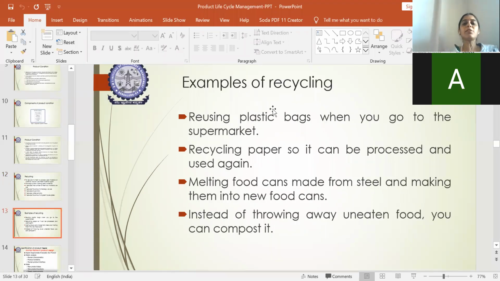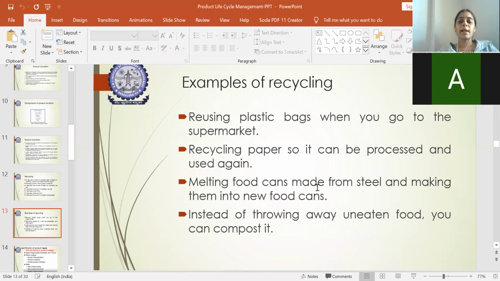So examples of recycling, you know already, if you recycle the paper, it helps in cutting down the trees, right? If you recycle the plastic bags, it helps in overcoming the dangerous hazards which are caused due to the emergence of plastics, because plastic degrading will take millions of years and it affects the human beings as well as the external environment to a greater extent.